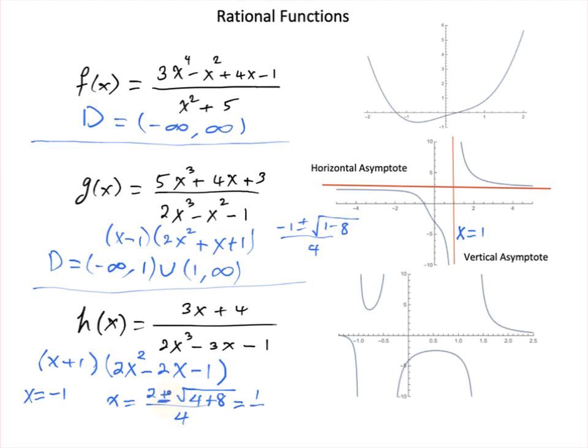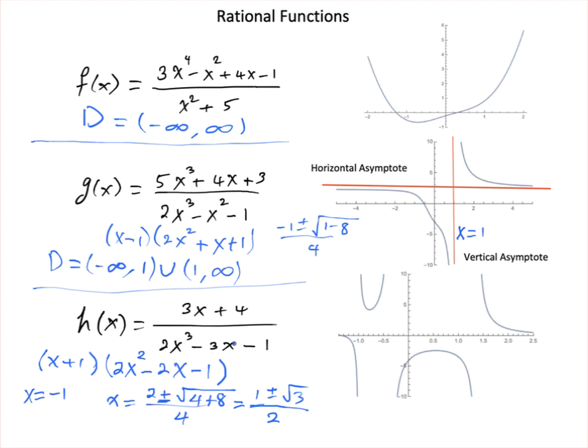So it should be 2 plus or minus. So I have a plus or minus square root of 3 because the 2 is simplified with the 4. So this is what I get. I get three numbers: 1 plus the square root of 3 over 2, 1 minus the square root of 3 over 2, and minus 1. And these are the numbers that you cannot have x equal to.